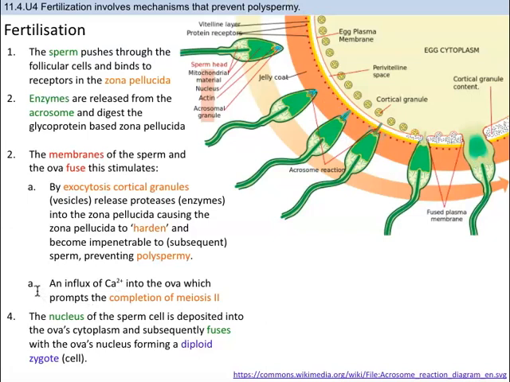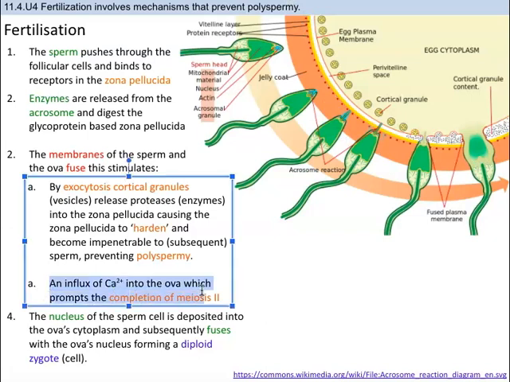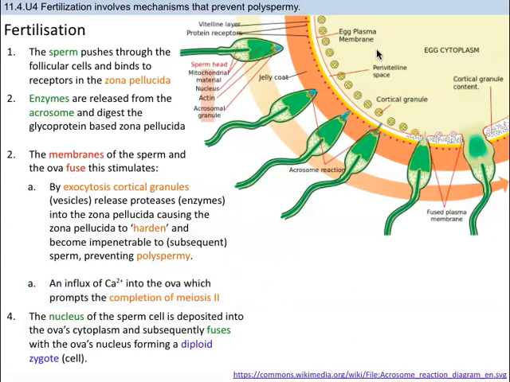Then you'll notice this answers that last question we were talking about before. There's an influx of calcium into the ova, which prompts the completion of meiosis II. So what does that tell you? Well, basically, meiosis II has not occurred yet at this point. So fertilization is what prompts the egg to go through meiosis II and then to form the complete ova that it needs to form.